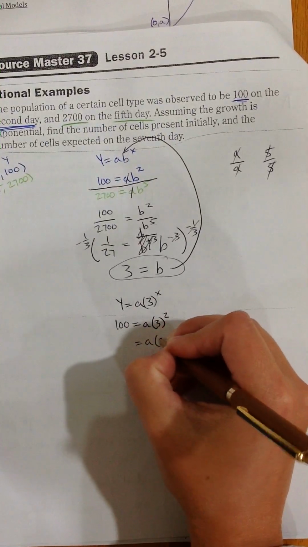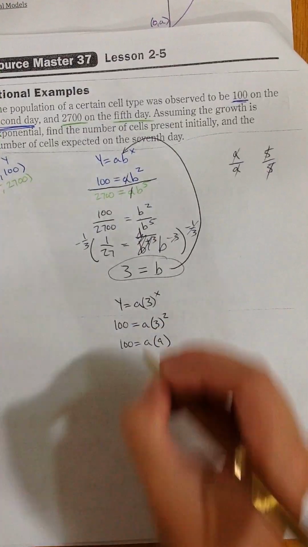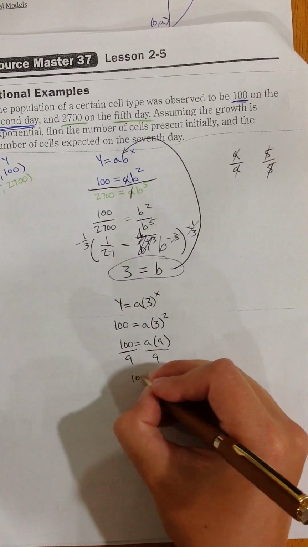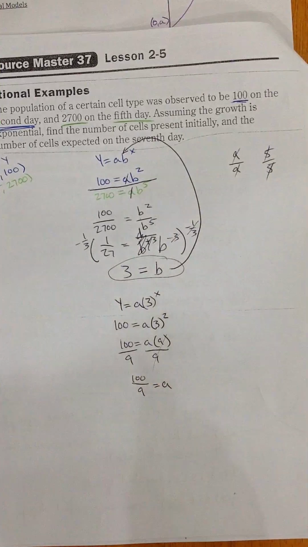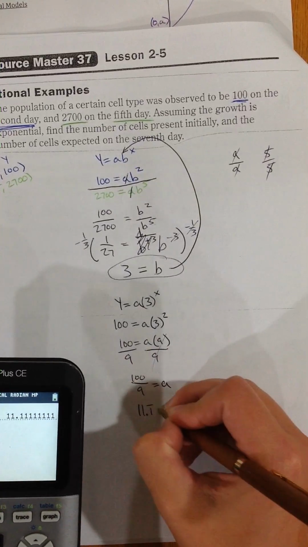So I'd have a times 9 is equal to 100, and then to get rid of multiply by 9, divide by 9 on each side. So you could either leave it as 100 over 9 to be exact, is equal to a, because that stuff's gone, or you could do it on your calculator, 100 divided by 9, and it's 11.1 repeating.